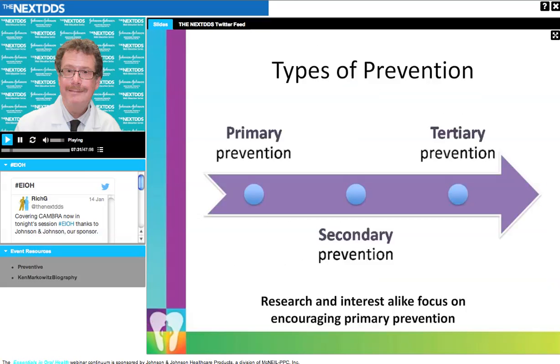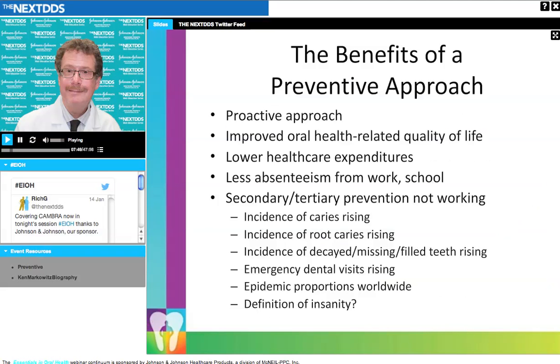And tertiary prevention could be minimally invasive, as little surgical intervention as possible, in order to preserve the tooth structure and preserve the overall dentition of the individual. So various stages of prevention are very important.